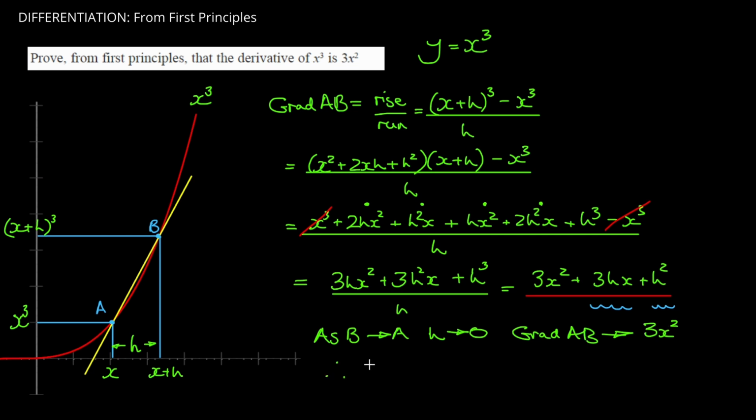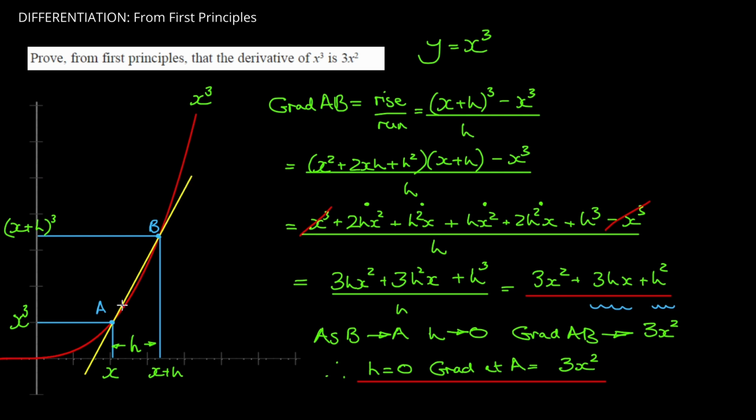And therefore, when h equals 0, it's not now the gradient of AB. The gradient at A is equal to 3x squared. And that is your answer.